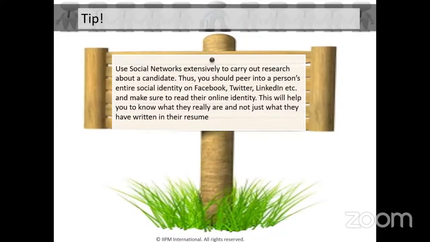So make sure to read their online identity. This will help you to know what they really are and not just what they have written in their resume. You might see somebody who is always attacking organization, attacking leadership, attacking superiors. Of course, you know that this is already in this person's nature.